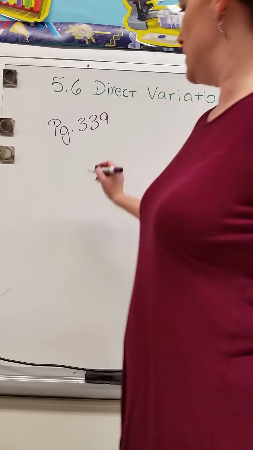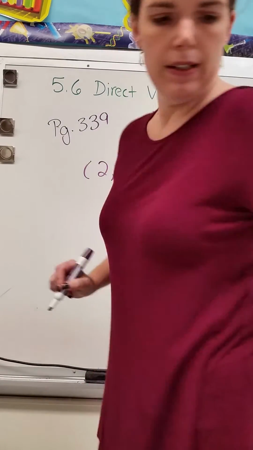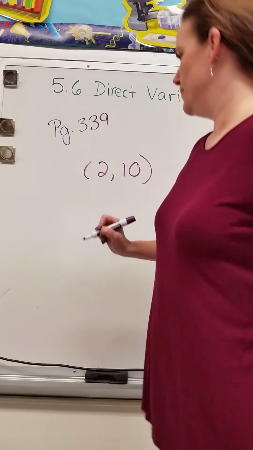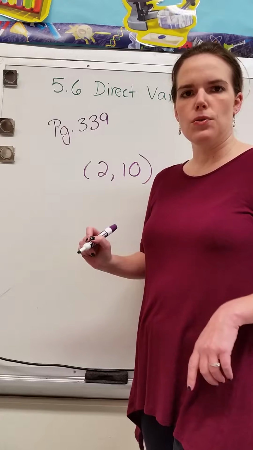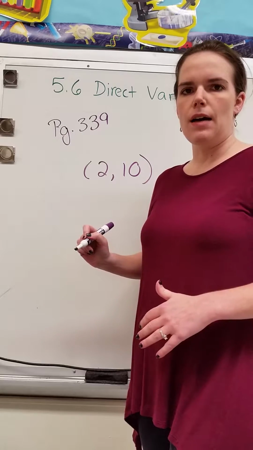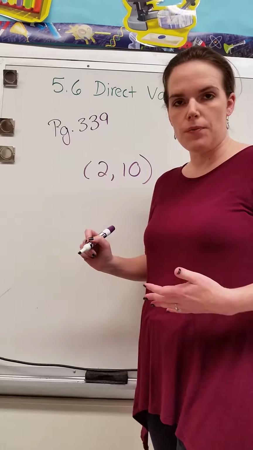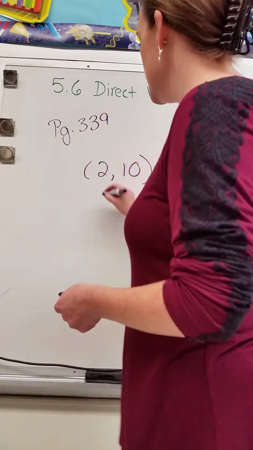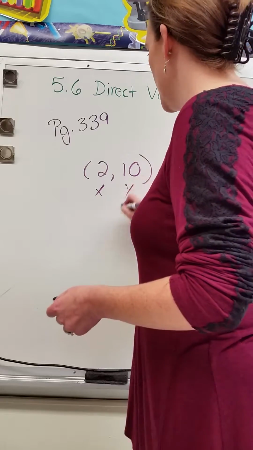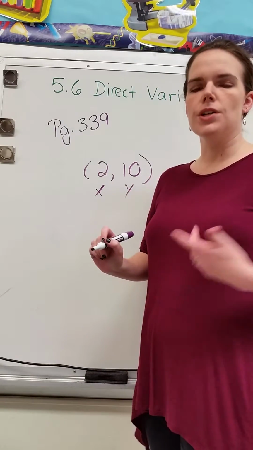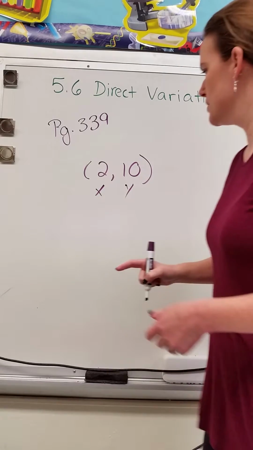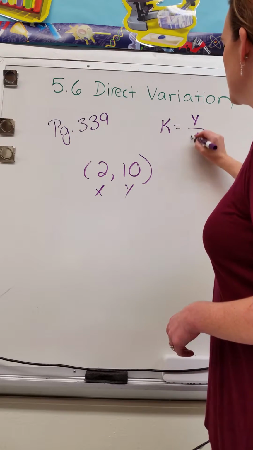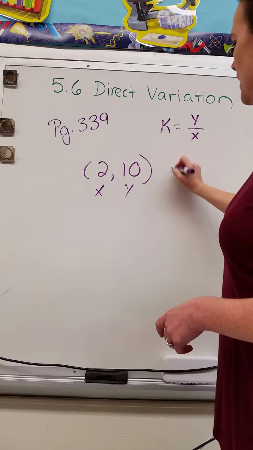If you're given an ordered pair, like 2, 10, and they ask you to find the k value, and they ask you to then graph it. This is your x, this is your y. So k is y divided by x, so your k is just 5.